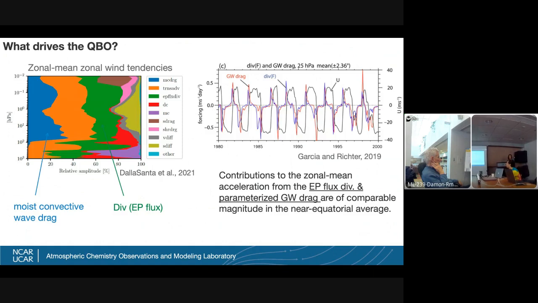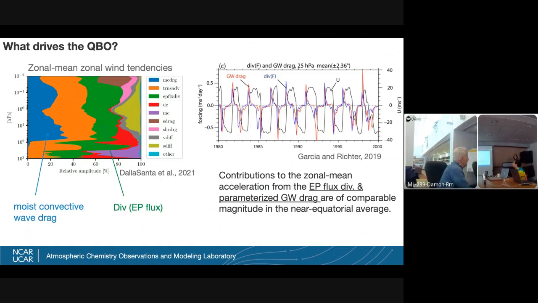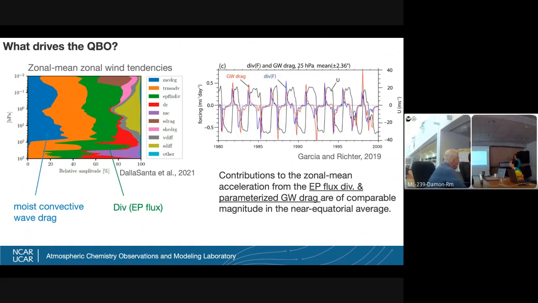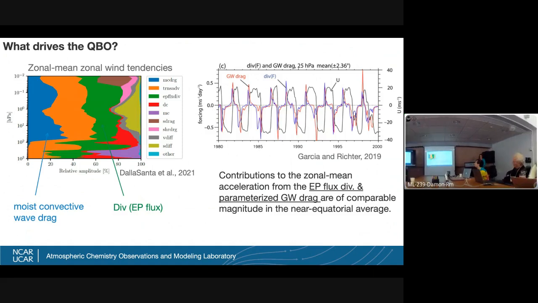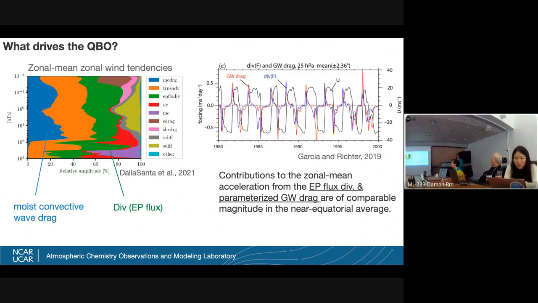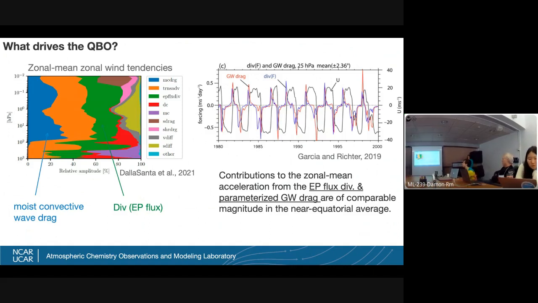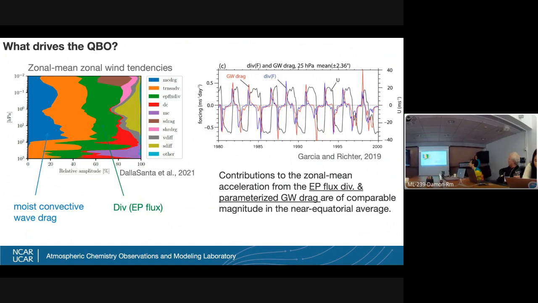One blue is moist convective wave drag, and the green one is EP flux divergence. And the orange is something called the transient advective term. I don't know all the terms, but there are a few terms that are important in driving the QBO in the stratosphere.